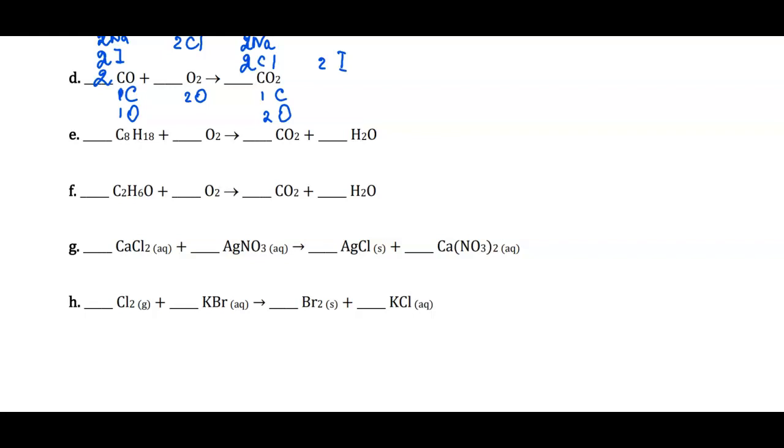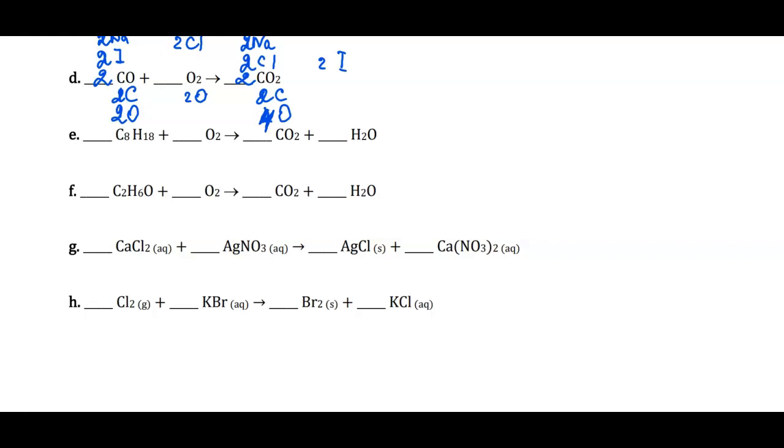That gives us 2 and 2. Now we have two carbon at the left, one carbon at the right. So 2 goes here. That changes the amount of atoms like this. Two carbons, four oxygen, right? And four oxygen at the left side.